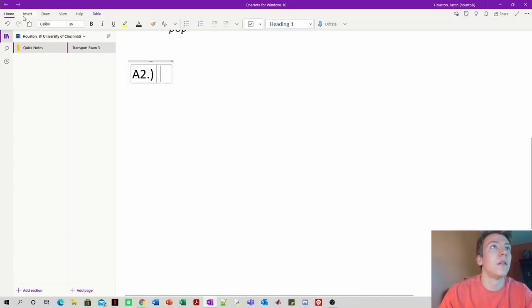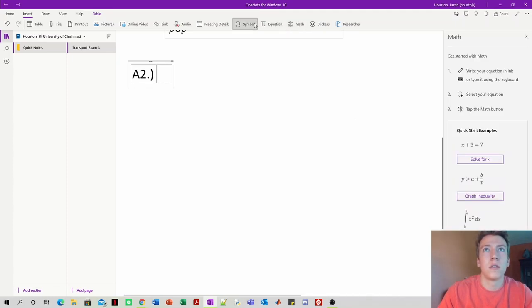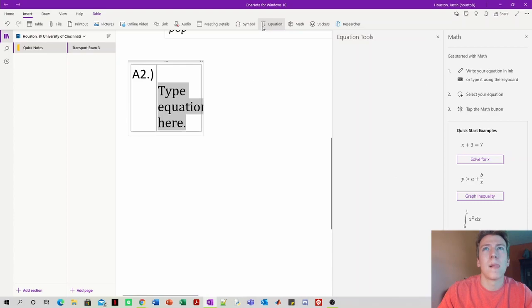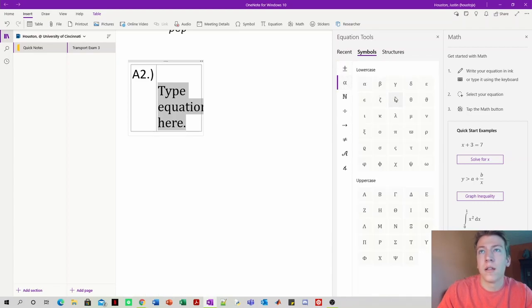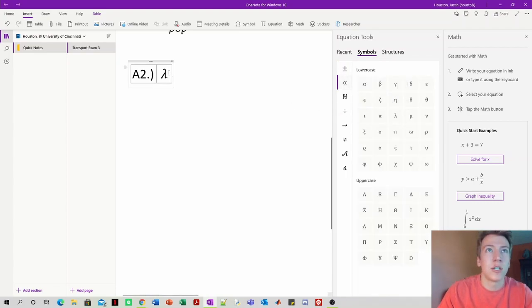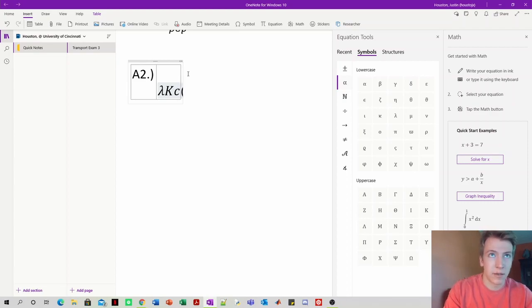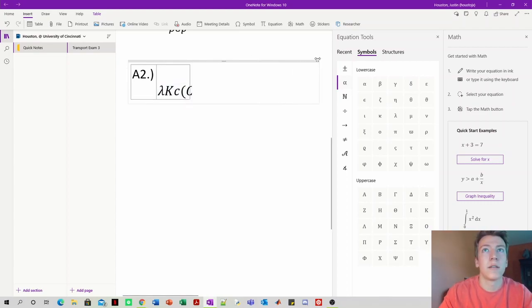So starting with that, we're going to start with, actually I got to import these equations or symbols. So starting with lambda, which is the heat of vaporization, that's going to be times Kc, which we already know is the mass transfer coefficient, and this is going to be times C sub S. Hold on, let me see if I can elongate this.